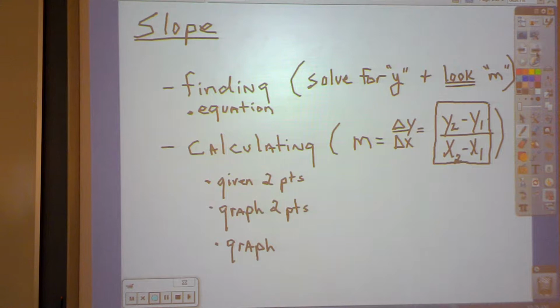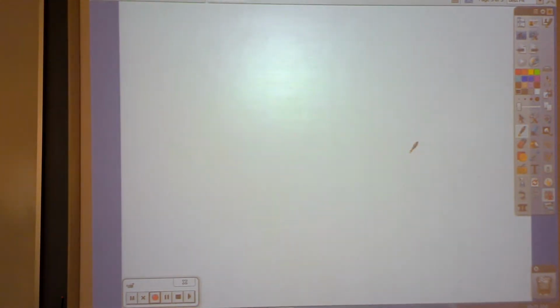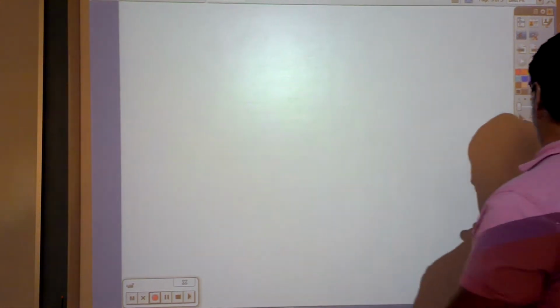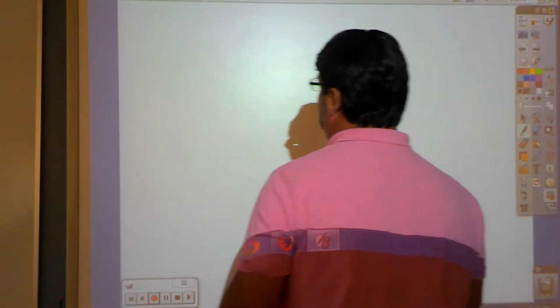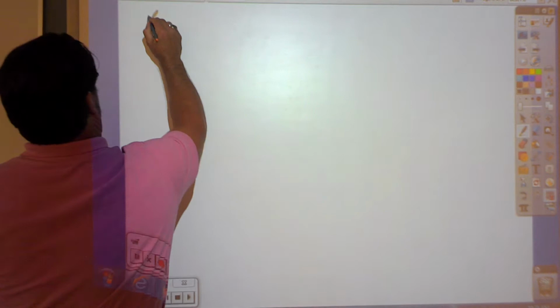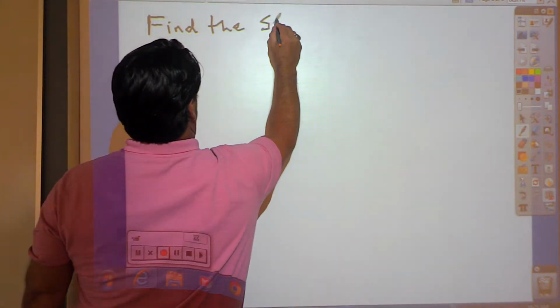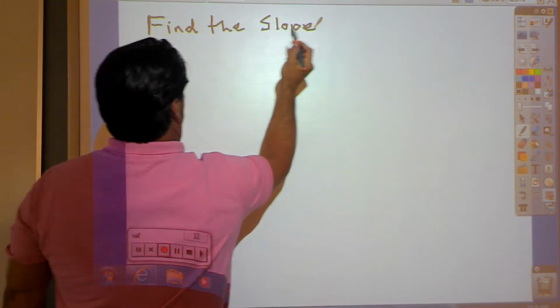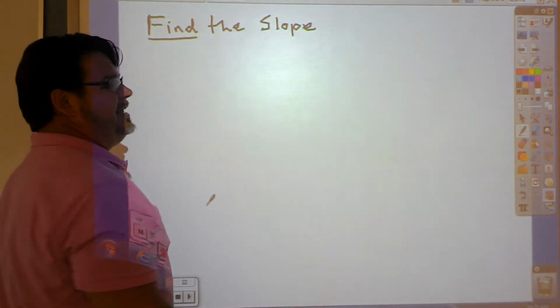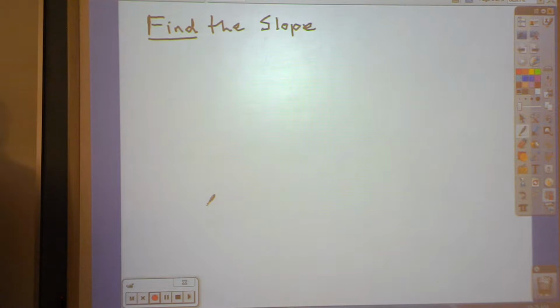So, let's talk about what they look like. Let's say you're doing a homework problem, or a test, and it says find the slope. Most of the time it'll say find, and that's a clue that you're not going to calculate, you're going to solve for y.